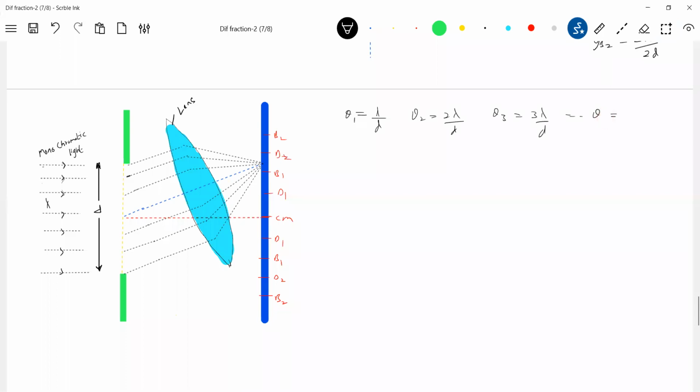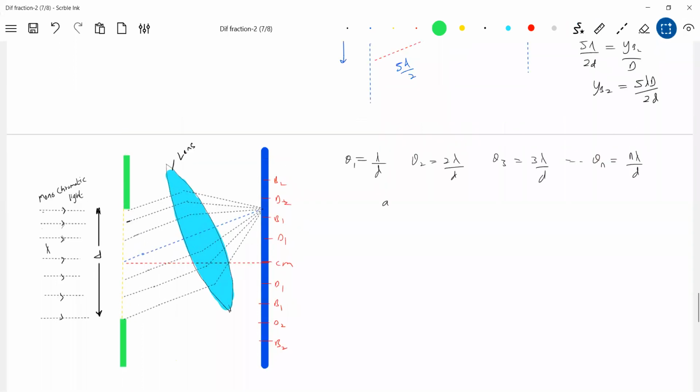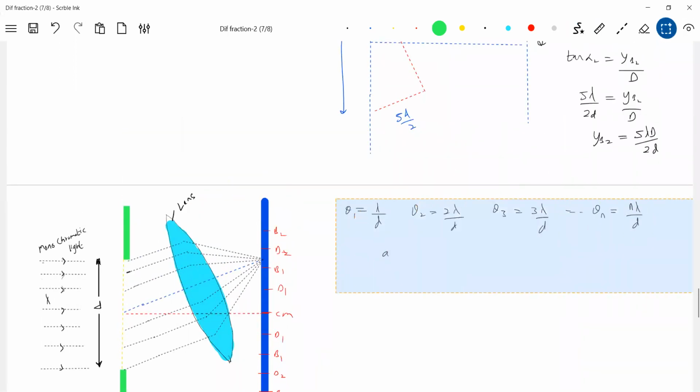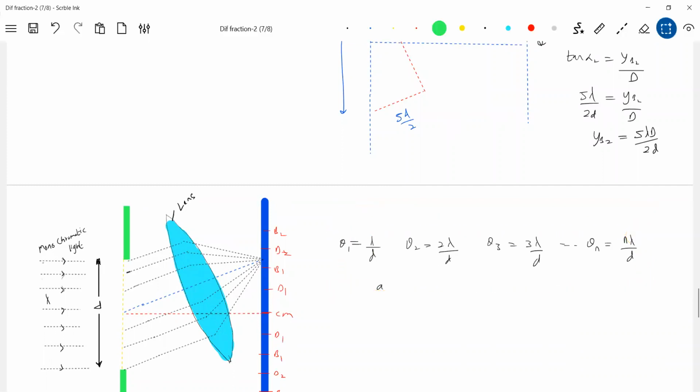Theta n should be equal to n lambda by D. We'll write the heading here: angular position of minimas. Now let's go for the angular position of maximas.